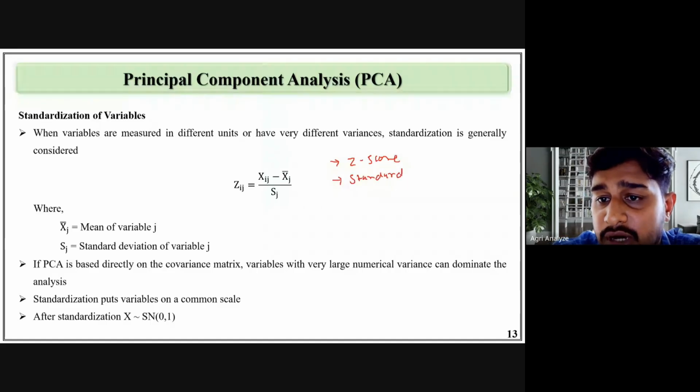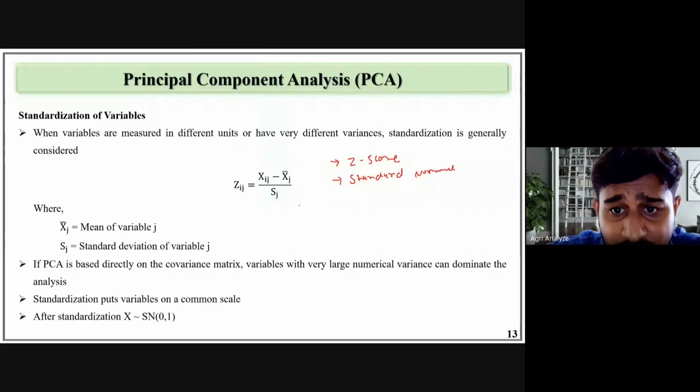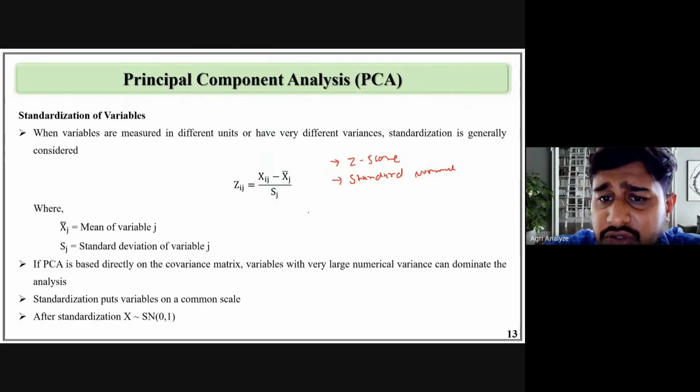Why is it standard normal? I will explain this. In your study, you can read that our data follow a normal distribution with mean mu and variance sigma square. Here N means our data follow a normal distribution.